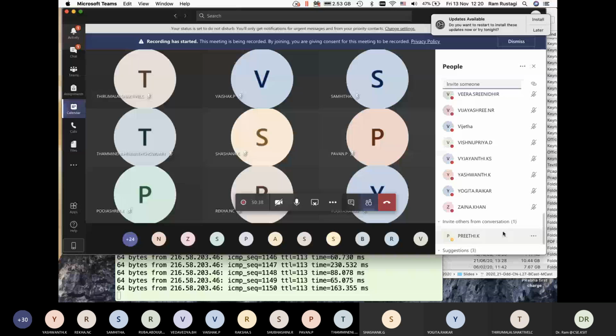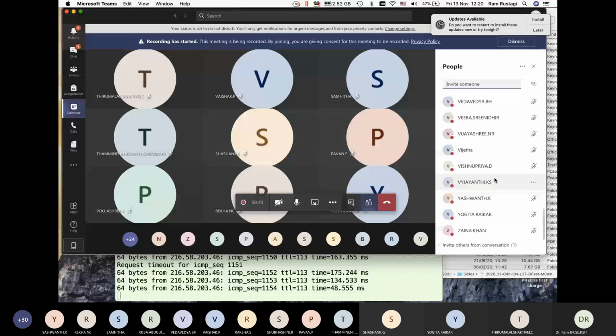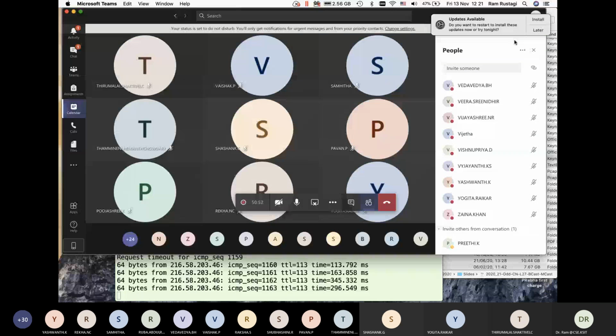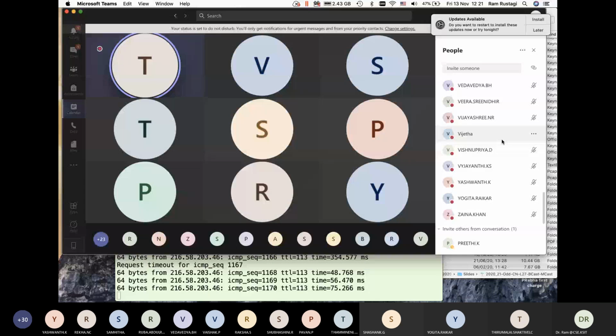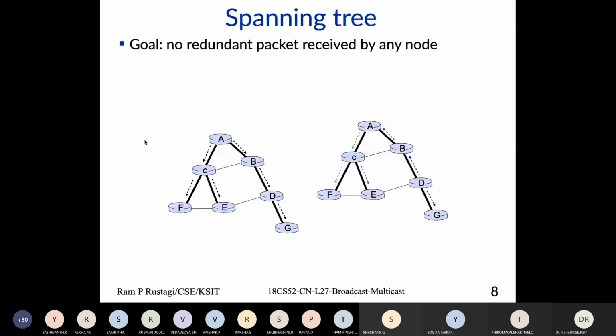Vishnu Priya? So n minus 1. Yes, a spanning tree would have n minus 1 edges, that's right. But how do you define a spanning tree?